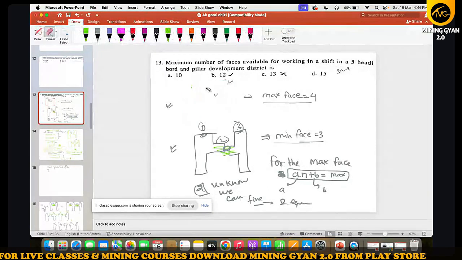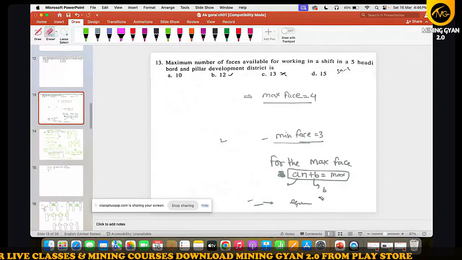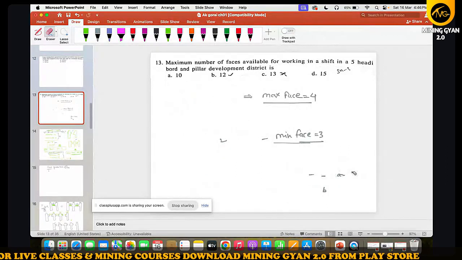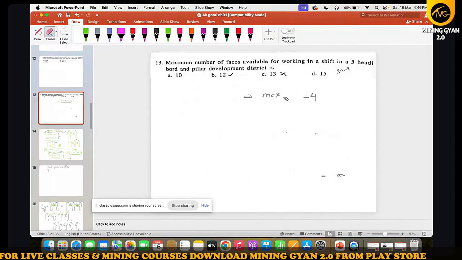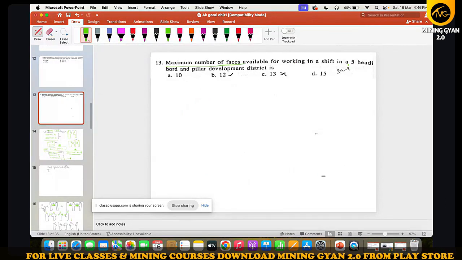Again we will solve. So in this question, so maximum face number of the faces available, 5 heading given.